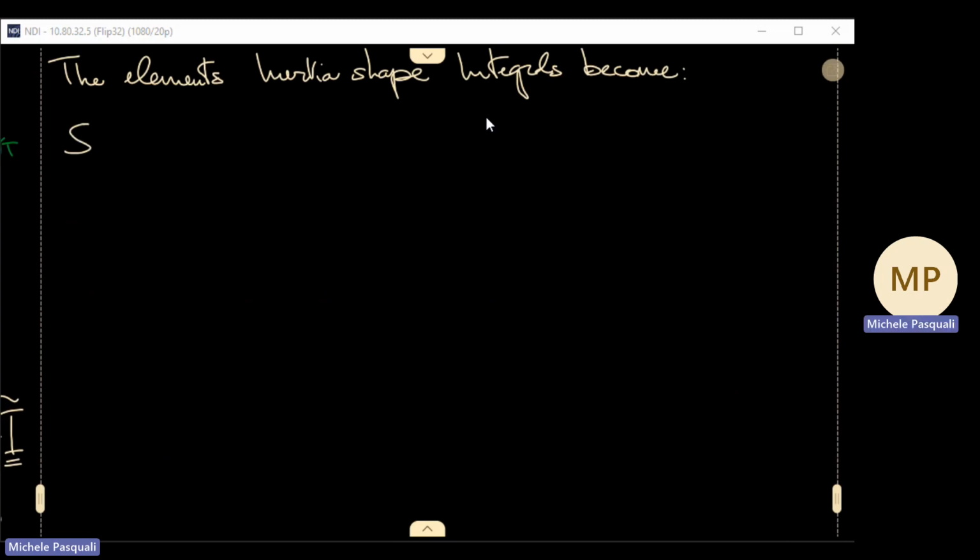So S ij c becomes the integral of Vij rho ij and ij.